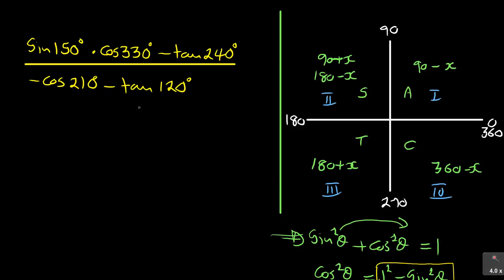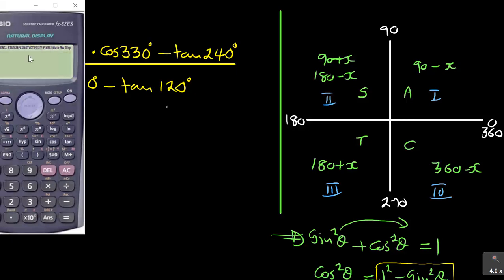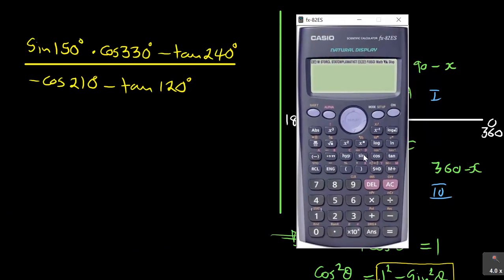As I say, the first thing you do when they say don't use a calculator is take that calculator and find the final answer so that you can work towards that answer. So we've got sin 150 times cos 330 minus tan 240, all over minus cos 210 minus tan 120.